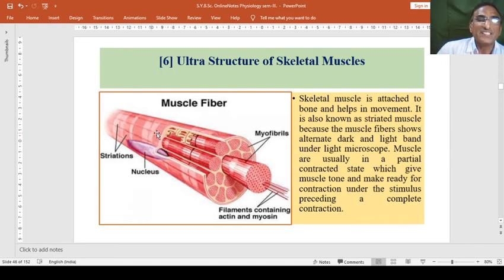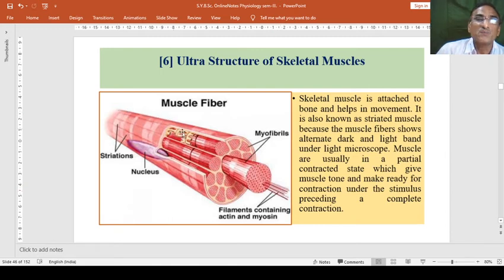If you see the microscopic structure of this muscle, if you cut a transverse section, you see various bundles of muscle fibers. If you take one muscle fiber, cut it and observe the internal structure, you will again find some microfilaments.